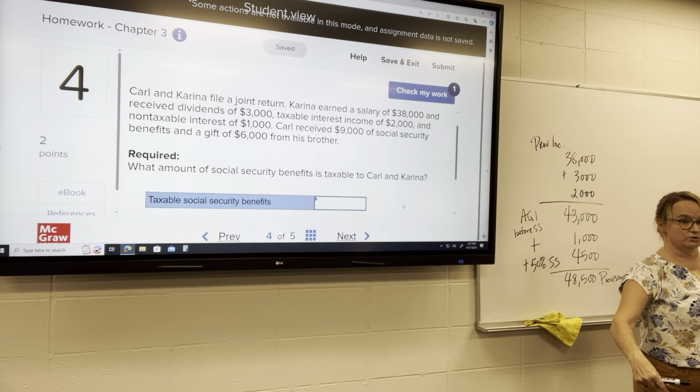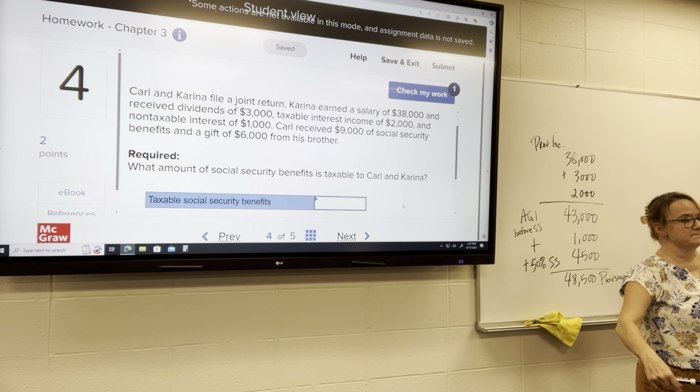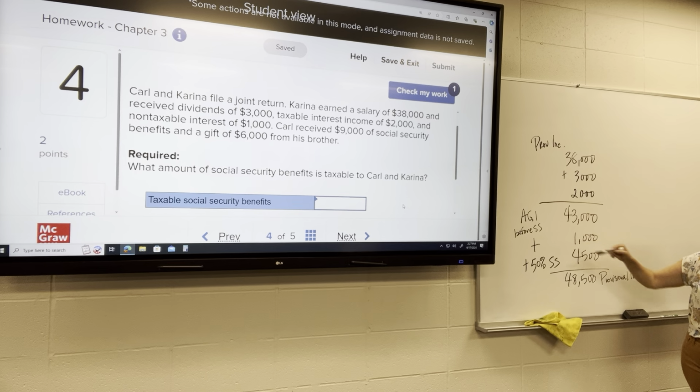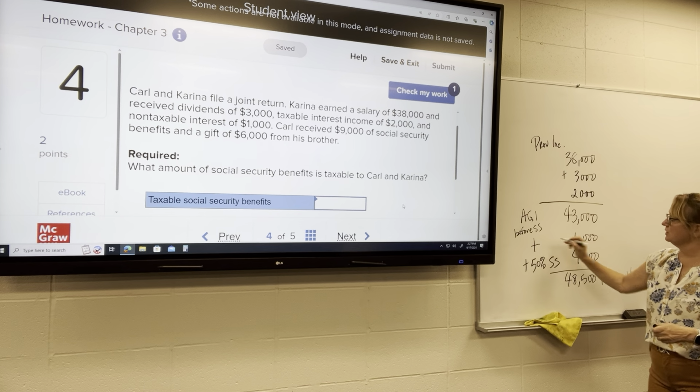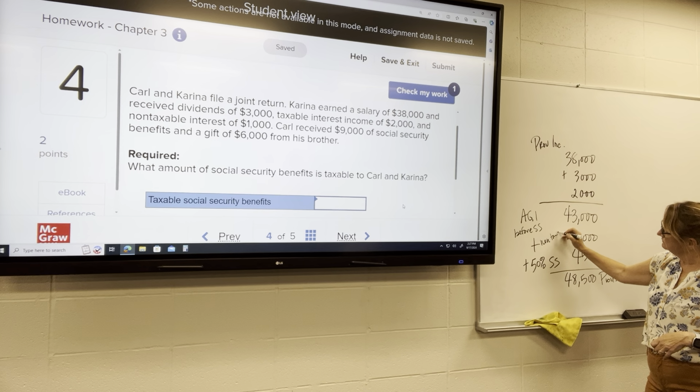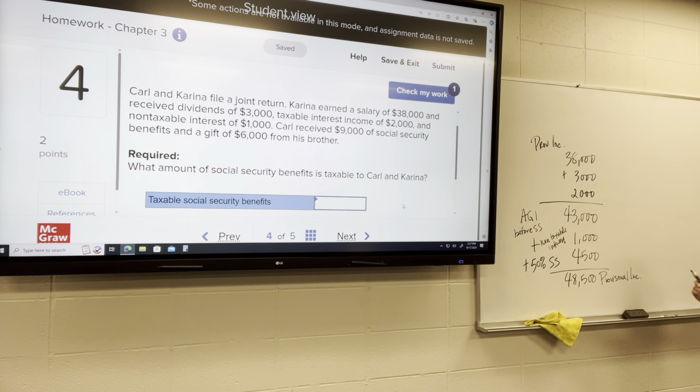You never take them out. The only thing you're going to add back is the non-taxable interest. I had initially deducted that $3,000 for the dividends, so I was on the wrong path anyway. Okay, so we're going to use this $48,500 to go to the next step.